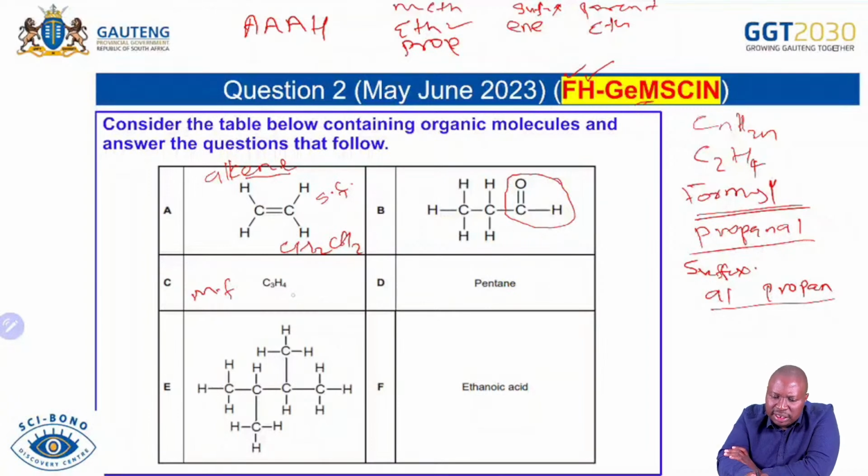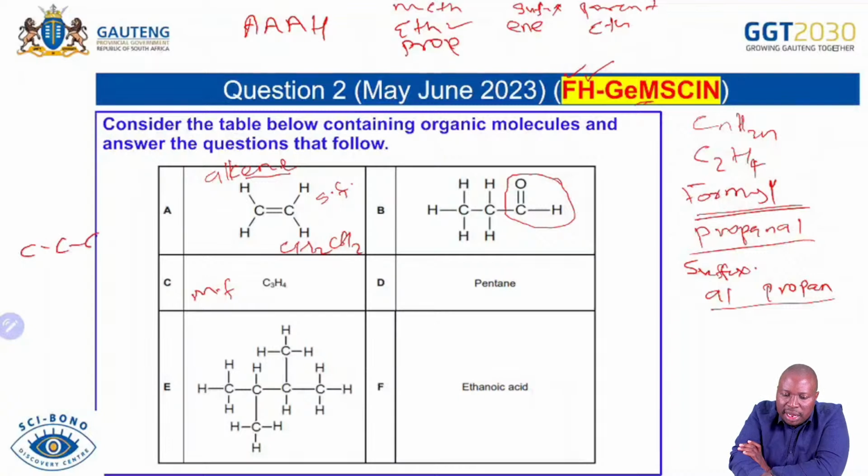In case this one is C3H4, if you are given a molecular formula, first draw the structure, because it can really be confusing to know where it belongs. So when you look, you have 3 carbons, so you must just draw the 3 carbons there, and then how many hydrogens? 4, so it's 1, 2, 3, 4.